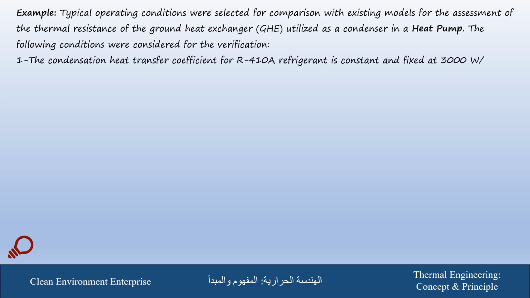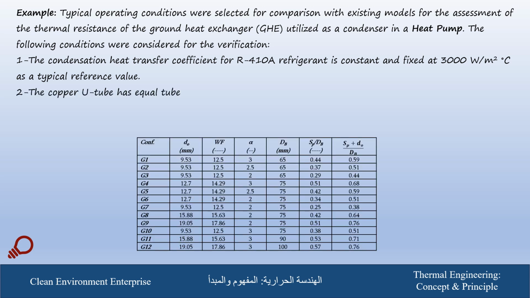The condenser circulates the Freon R410A in the heat exchanger and the geothermal heat pump, with a condensation heat transfer coefficient of 3000 watt per meter square degree centigrade, and it will be considered as a typical reference value.